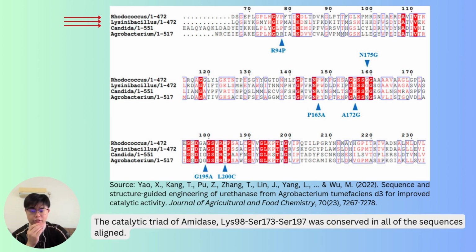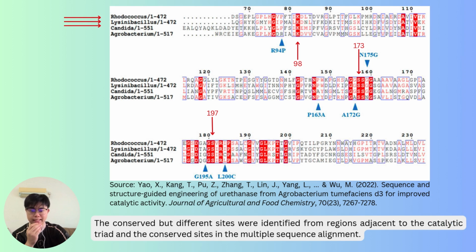The catalytic triad of amidase, which is lysine at position 98, serine at position 173, and serine at position 197, was conserved in all of the sequences aligned. The conserved but different sites were identified from regions adjacent to the catalytic triad and the conserved sites in the multiple sequence alignment.